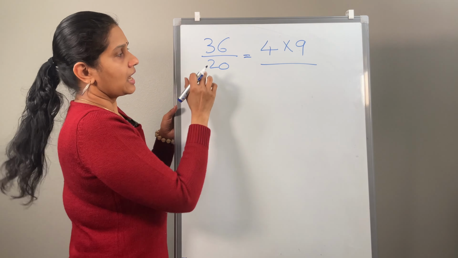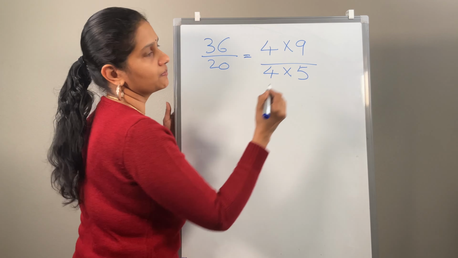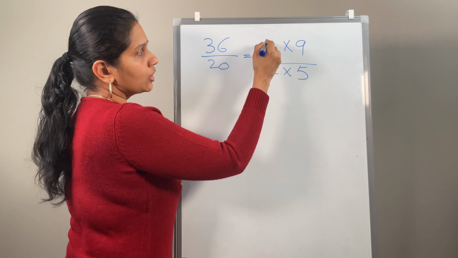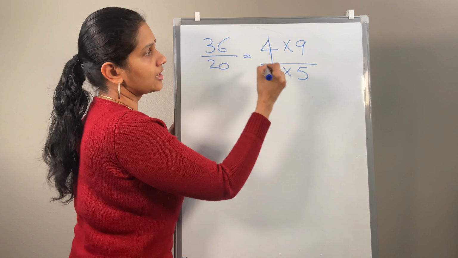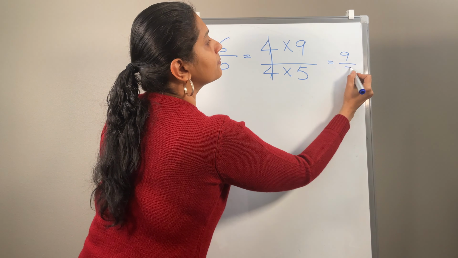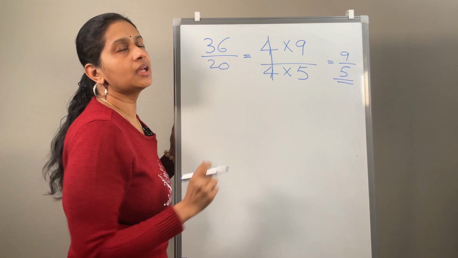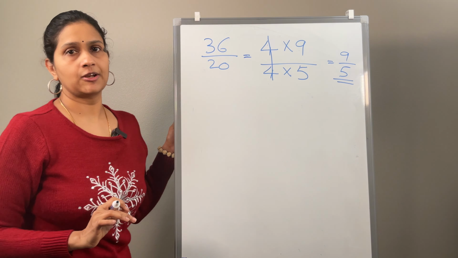Possible, right? And 20 can be written as 4 times 5. Correct? So now you have 4 here, you have 4 here also. Just cut that 4. So what is remaining? 9 by 5. Do you have anything common multiple for 9 and 5? No. So this is the simplified form.